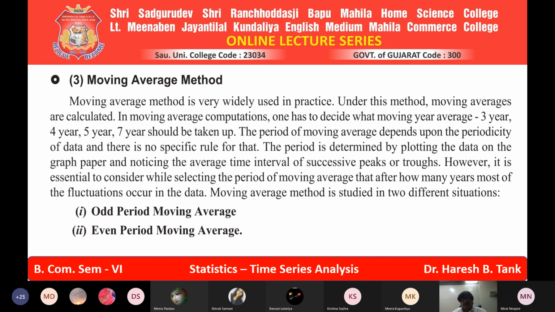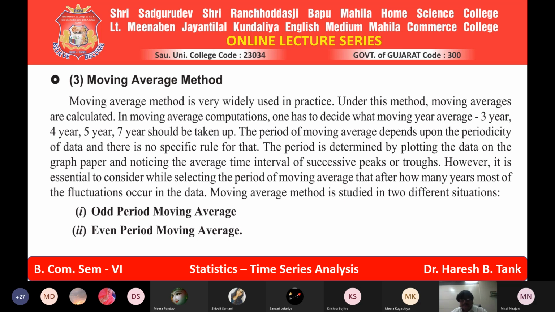Now, shifting to the next method, which is named the moving average method. This is a method which is used much in practice. Most of the time, you can say that this is the highest used method among all of them.